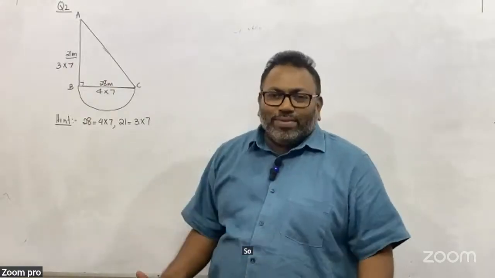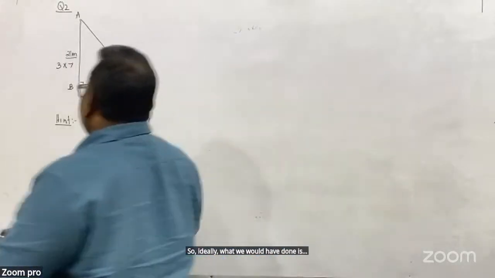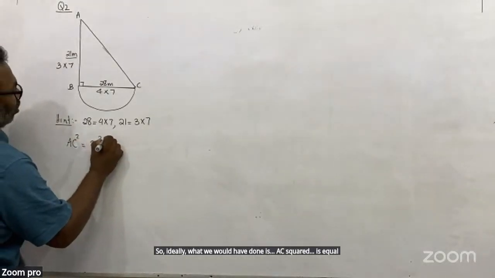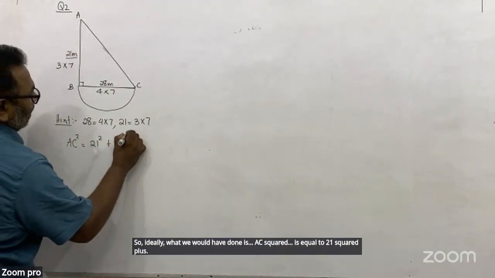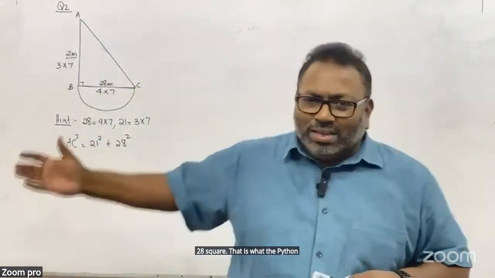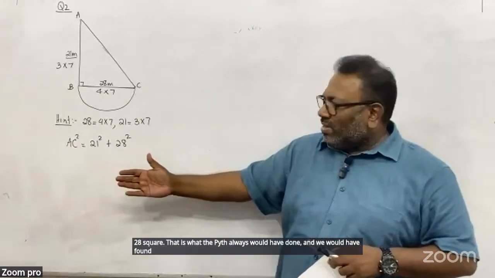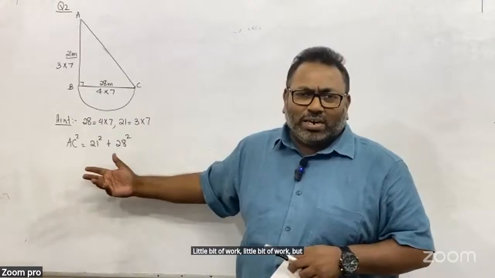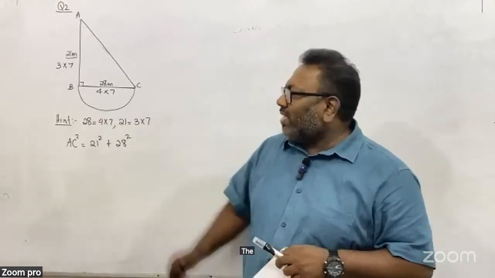So ideally we would have done AC squared is equal to 21 squared plus 28 squared. That is what Pythagoras would have done, and we would have found the value. A little bit of work, but we can find it using the Pythagoras theorem.